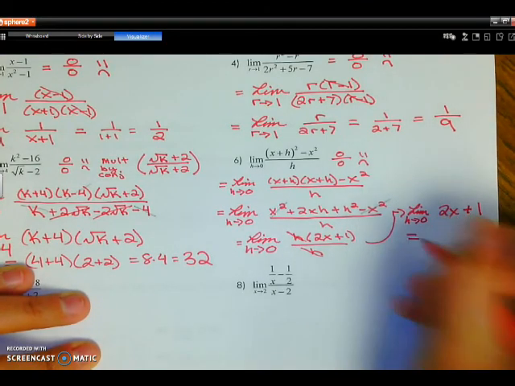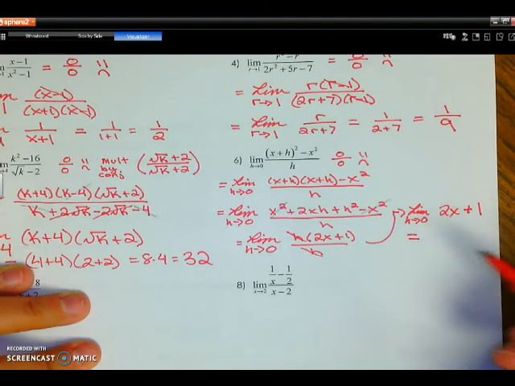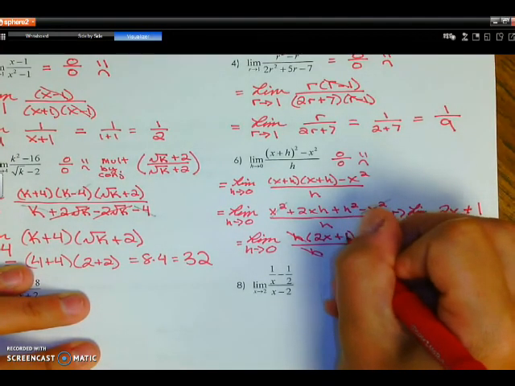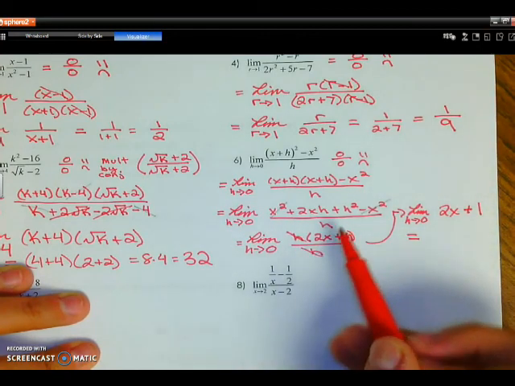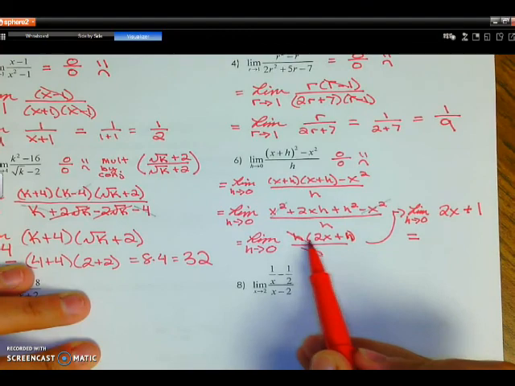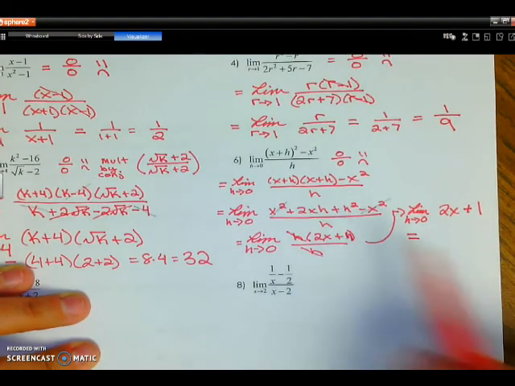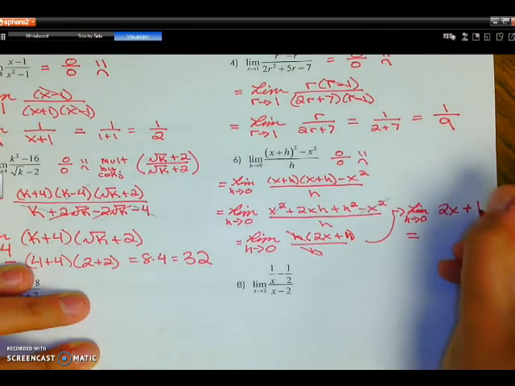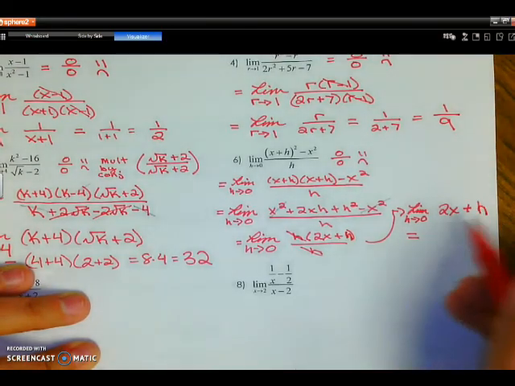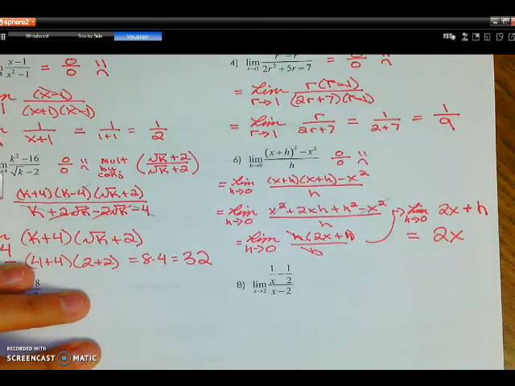All right, now I'm plugging in. So as h approaches 0, oh wait, this is supposed to be an h over here. Sorry. When I take out an h from here, I should have had 2x plus h, because h times h would have given me that h squared. And so as h approaches 0, if I plug in a 0 there, I'm going to end up with 2x as my final answer.